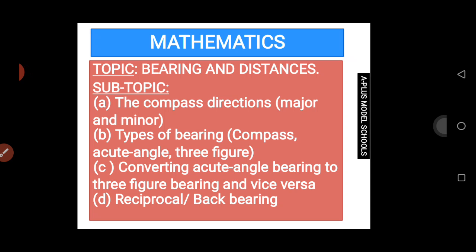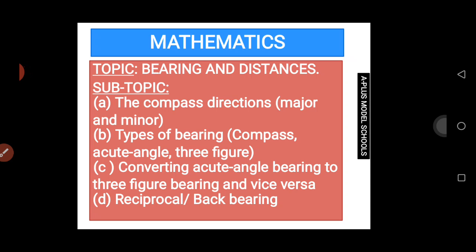Then we shall be looking at the relationship between acute angle bearing and three-figure bearing, which is conversion of acute angle bearing to three-figure bearing. And now you can also convert three-figure bearing to acute angle bearing. Then lastly, we shall also be looking at reciprocal bearing or back bearing.